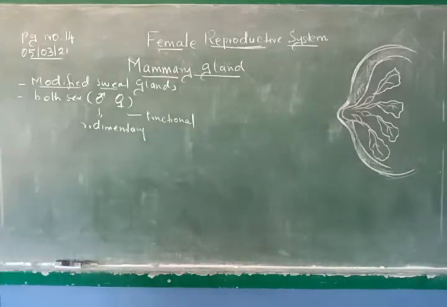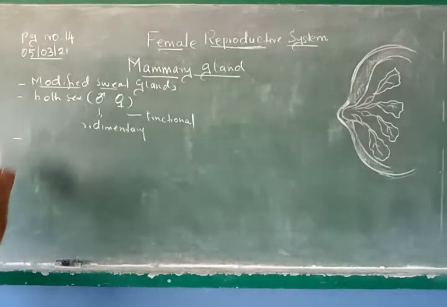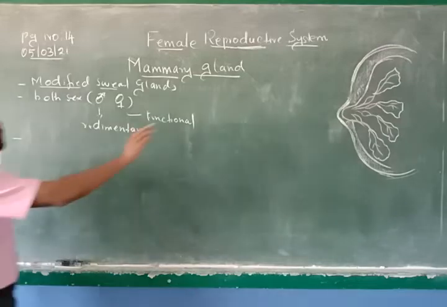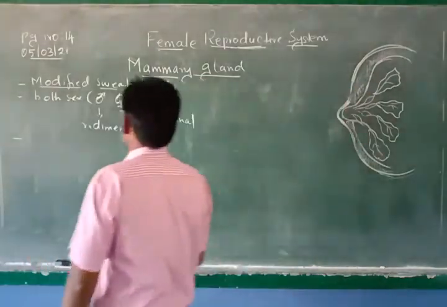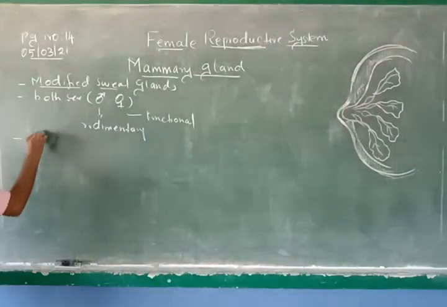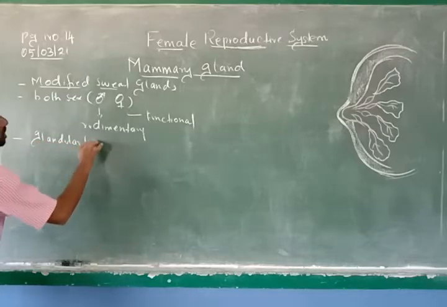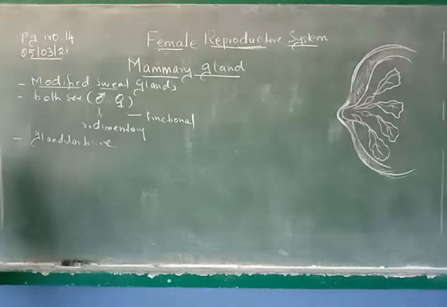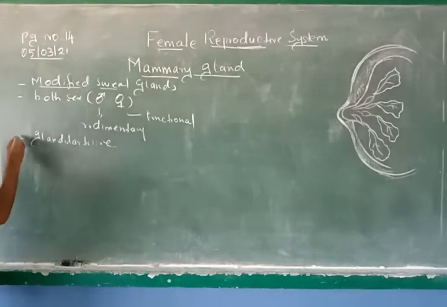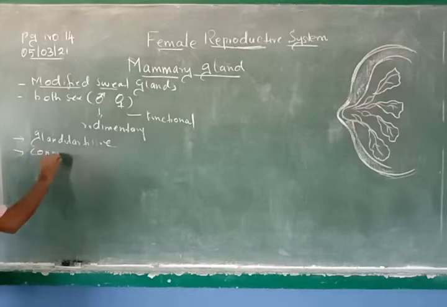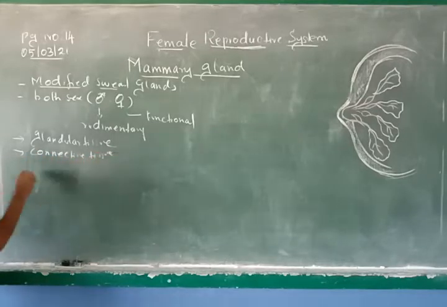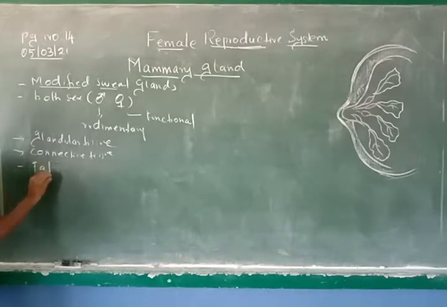Now, what is there inside the mammary gland? Inside, you will have some glandular tissue, which produces fluid substances. It is filled with certain connective tissues and some fatty substances.